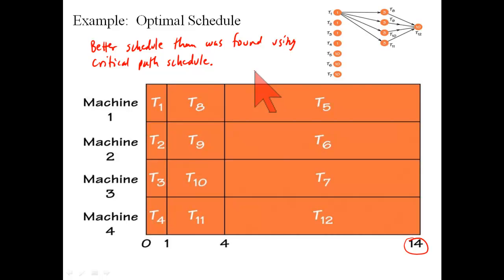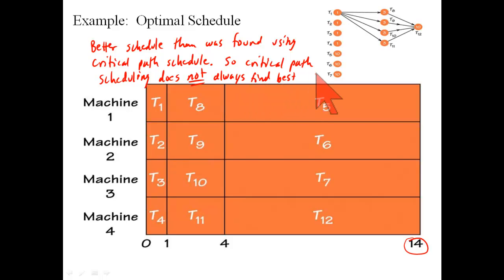So our guess might have been that critical path scheduling would find the optimal schedule. It did not. So critical path scheduling does not always find the best schedule.